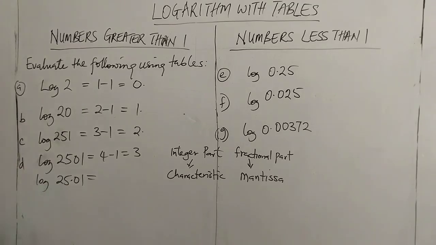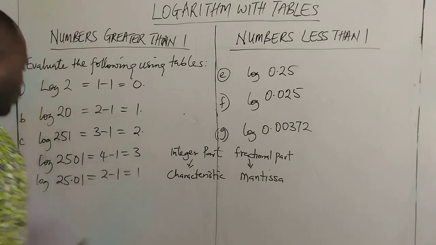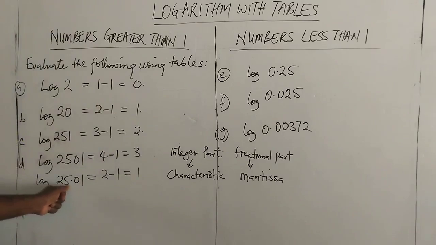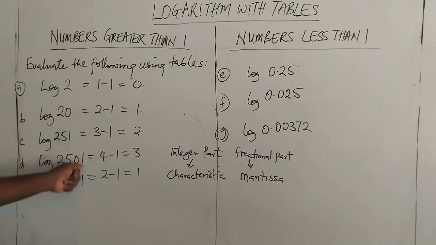So the characteristic will be 2 minus 1, and that will give you 1. So the characteristic of 25.01 is 1, while the characteristic of 2501 is 3. Please take note. We are looking at only the whole number part of that number. Once you look at the integer part, how many digits are there? Remove 1 from that number and you will get your characteristic.